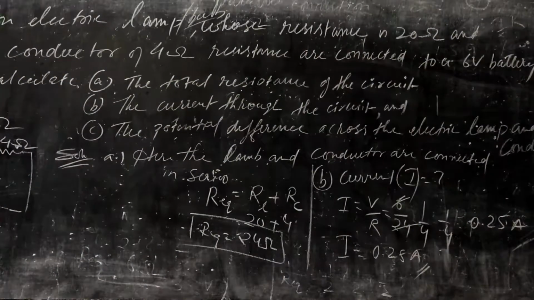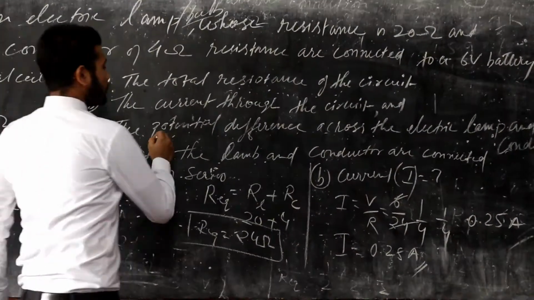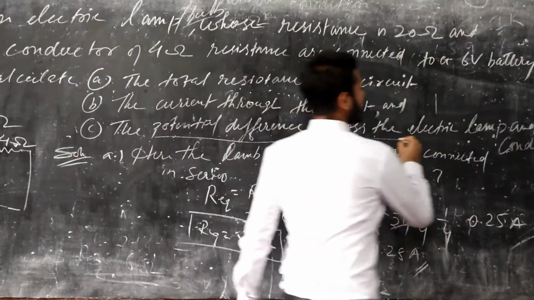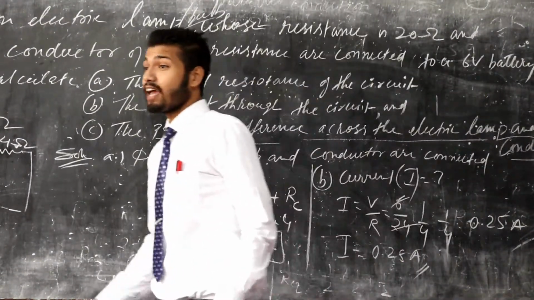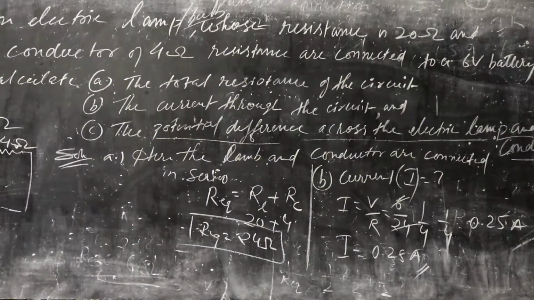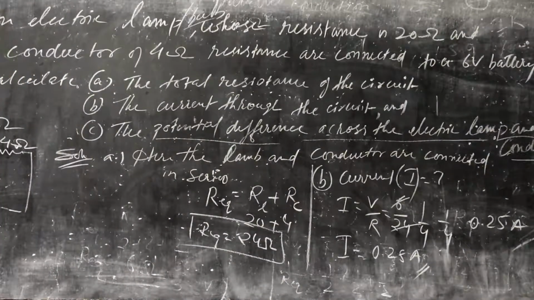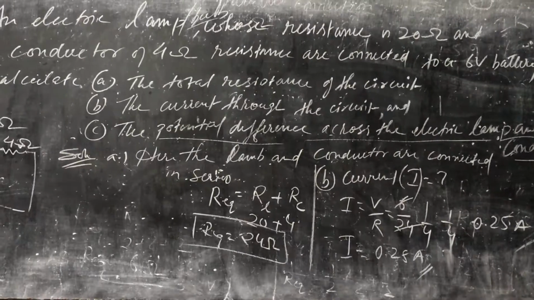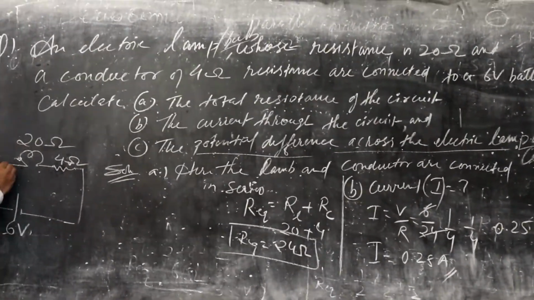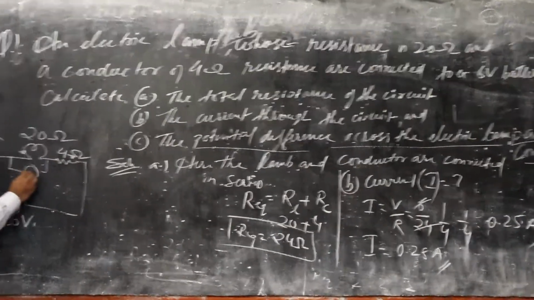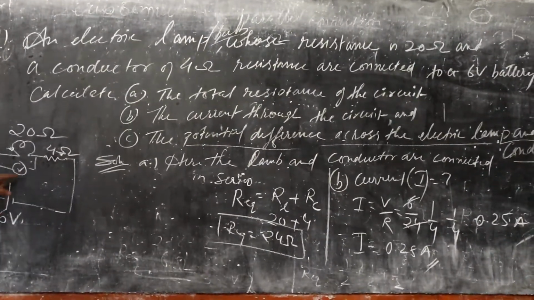Now the next part says the potential difference across the electric lamp and conductor. Potential difference means voltage, across the bulb and across the conductor. If you fit one voltmeter here, you will find the potential difference here.